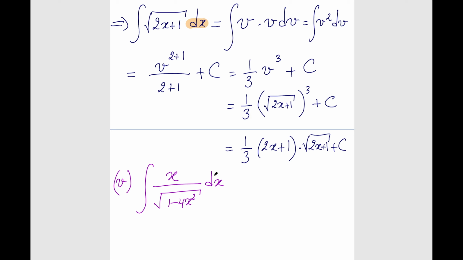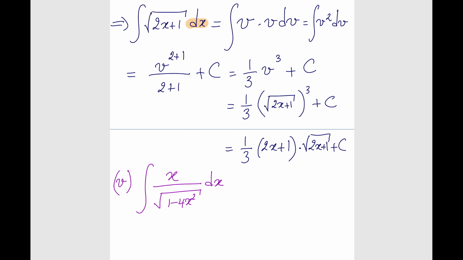And you see the x dx upstairs? X dx. So if you throw in a negative 8 here, divide by negative 8, it's a constant factor, it looks like this would be a promising substitution, correct?